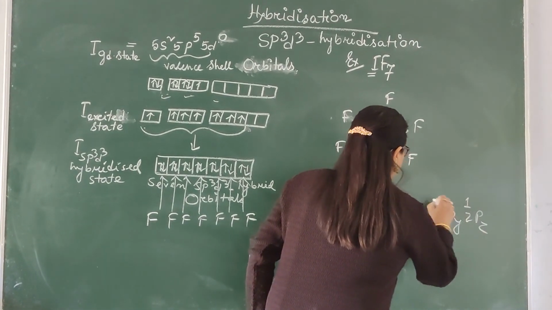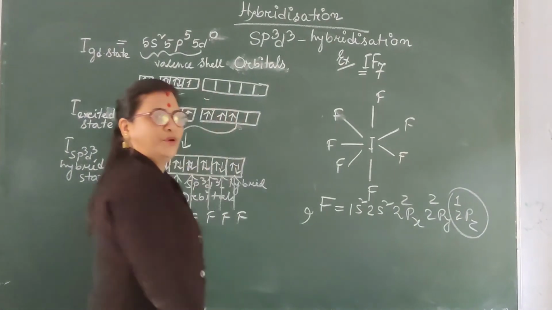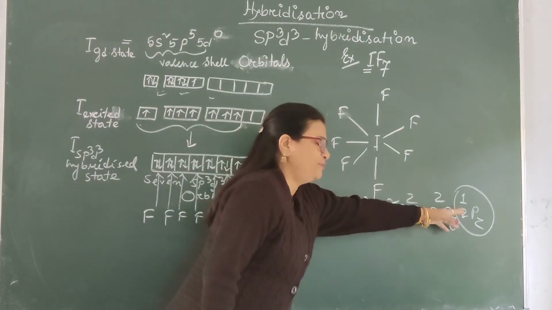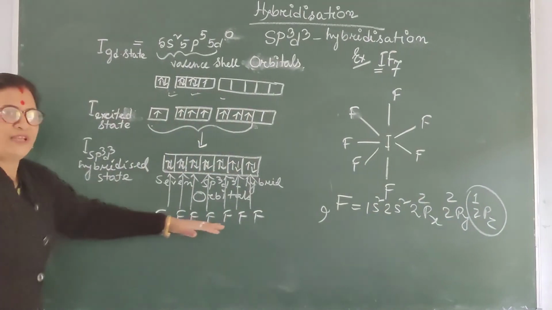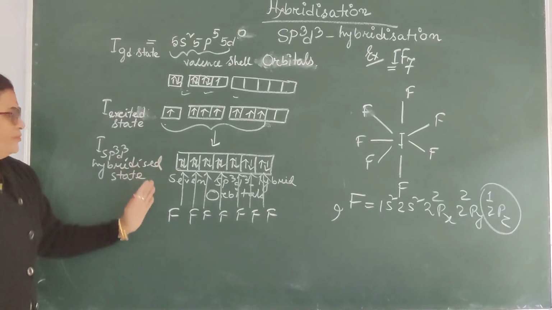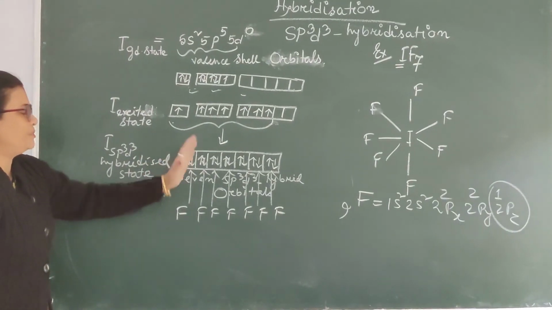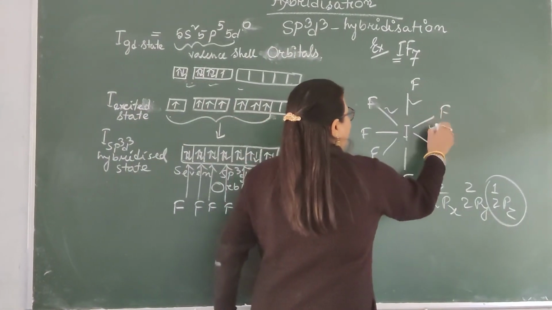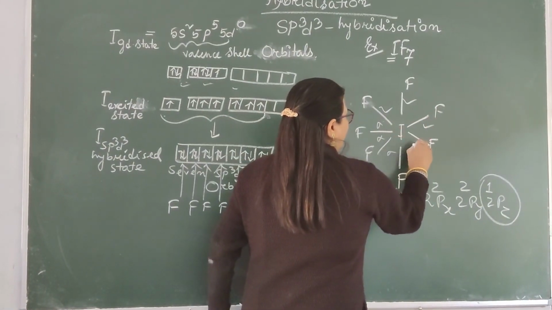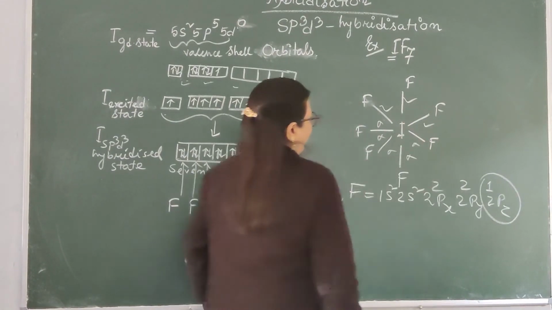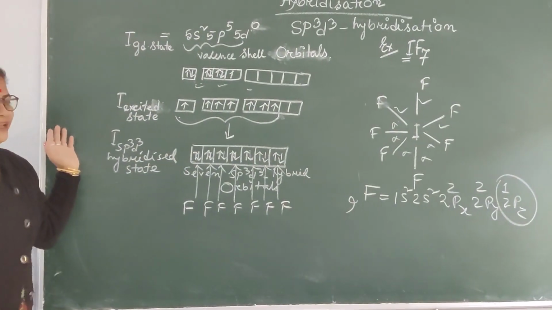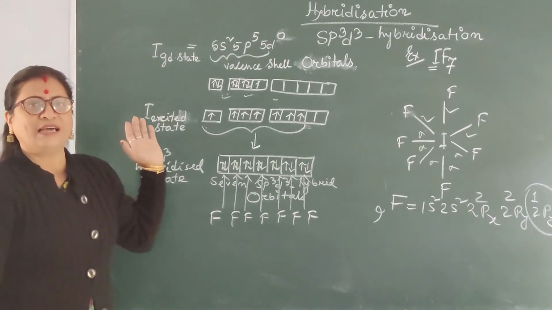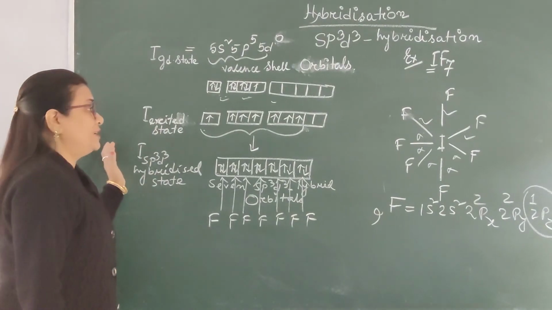That means this 2pz orbital is half-filled. The 7 half-filled 2pz orbitals of 7 fluorine atoms combine with the 7 sp3d3 hybrid orbitals to form these 7 sigma bonds. All these are sigma bonds. This is the central atom. The resulting structure of IF7 is pentagonal bipyramidal, where the bond angles are 90 degree and 72 degree.